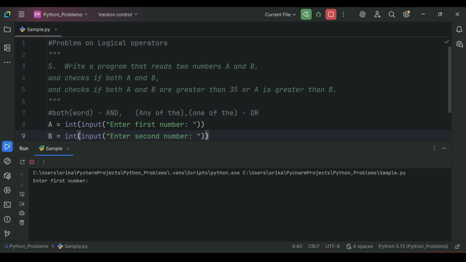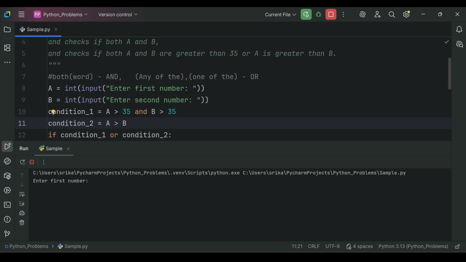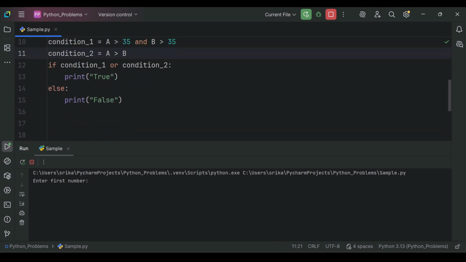Here A, I will remove all these comments. See here, A I am giving as 78 and B I am giving as 45. First inputs I gave, right? Like here true came. Next, here A I am giving 10, B also I am giving 10.